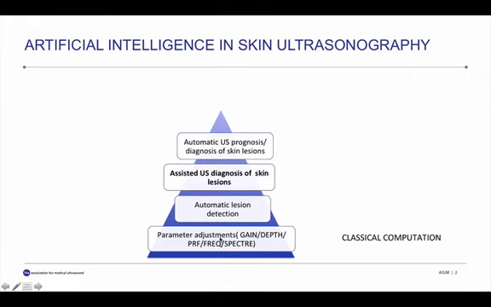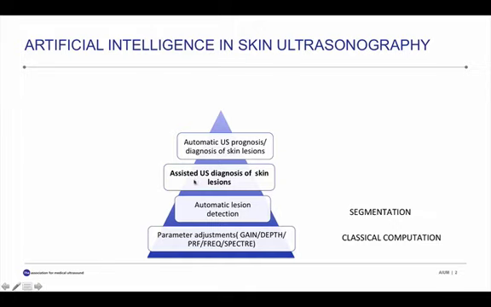Most machines are just doing that for us with just the push of a button. Then the next step would be the automatic lesion detection. That takes more artificial intelligence. That is what we call segmentation: from one image, taking just one part of it and discarding the rest.